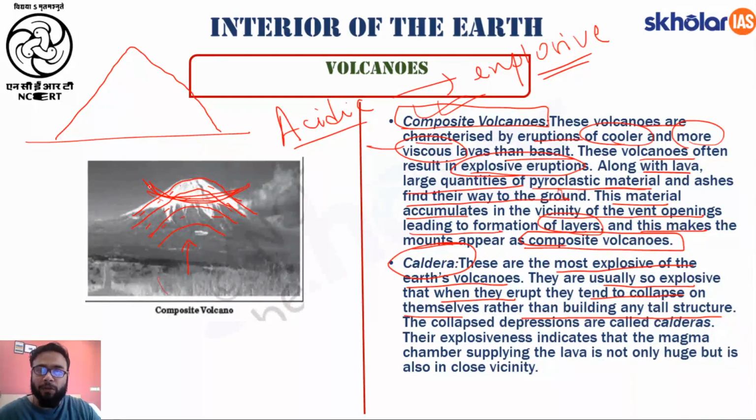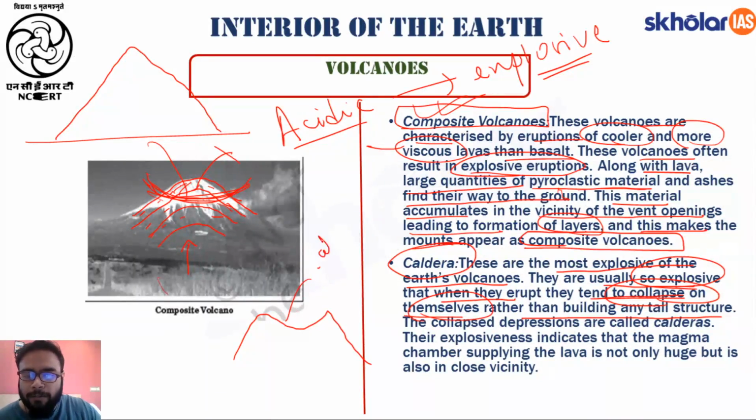It will burst out. So as this upper portion collapses within itself, a huge depression will develop in this upper portion, and this depression is called the caldera. Understood?